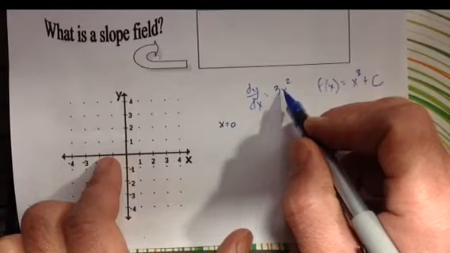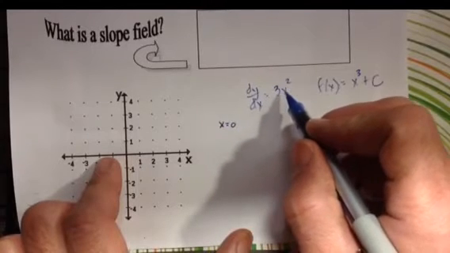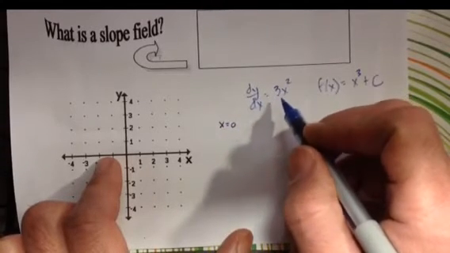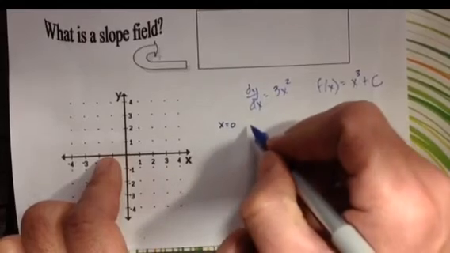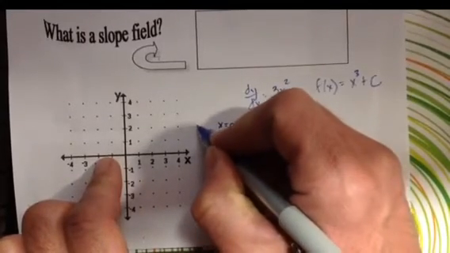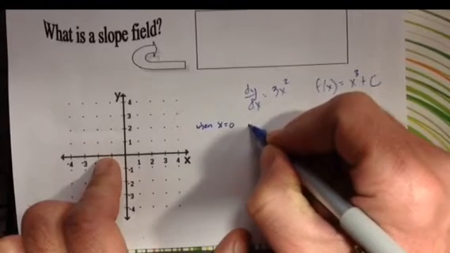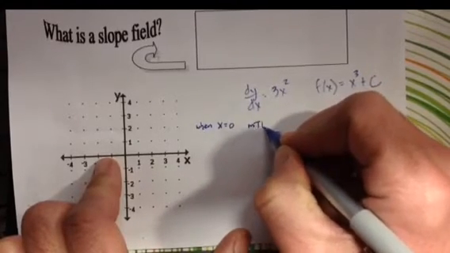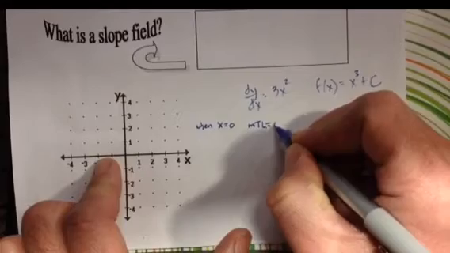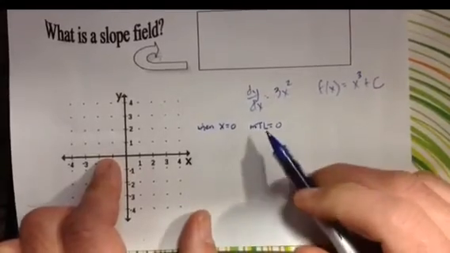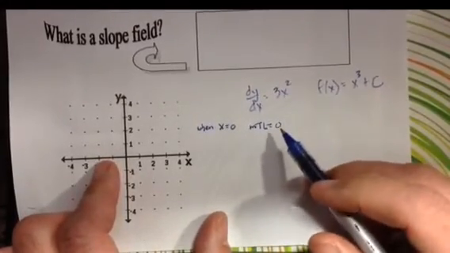If I substitute that into my derivative, I get 3 times 0 squared, which of course gives me 0. So I'm going to put here: when x is equal to 0, the slope of the tangent line is going to equal 0. Well, what does a tangent line look like if it has a slope of 0?